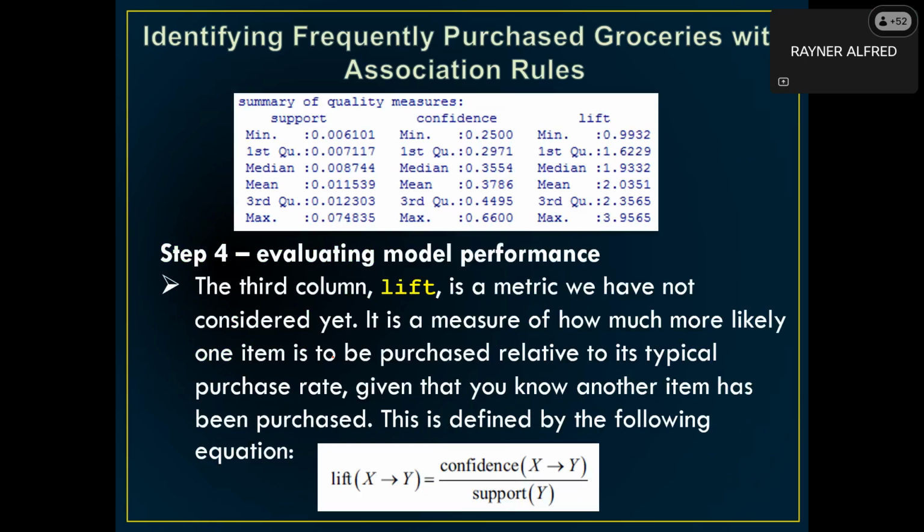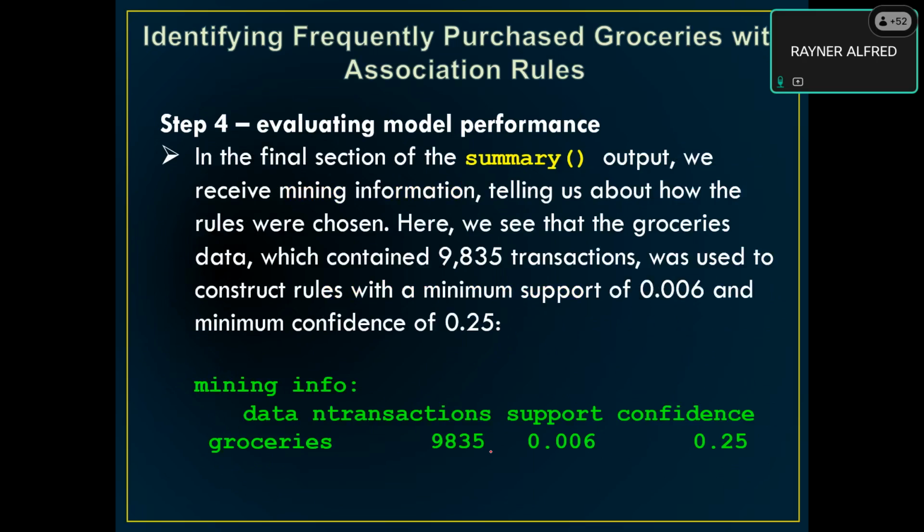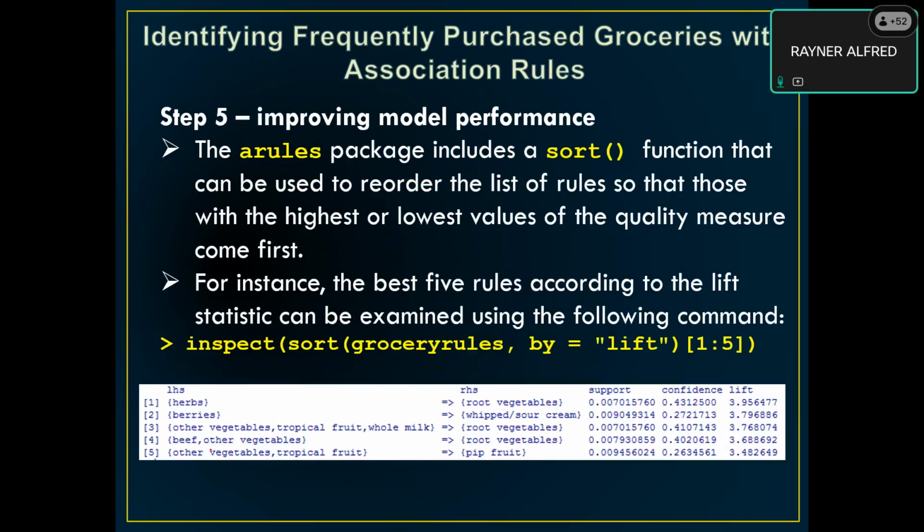For the rules that we have, we will use the support, confidence, and lift. If you look at the values here, this is the first rule that we have, and this is the highest one. The lift is 3.95.